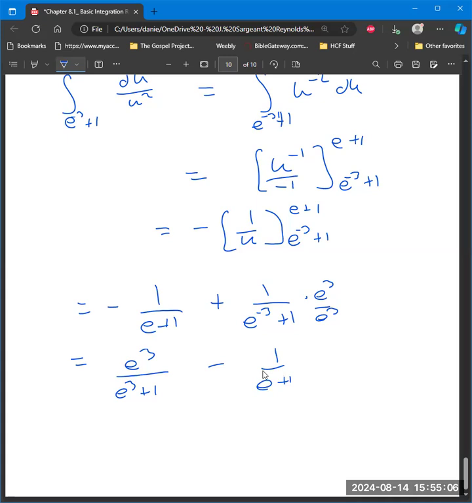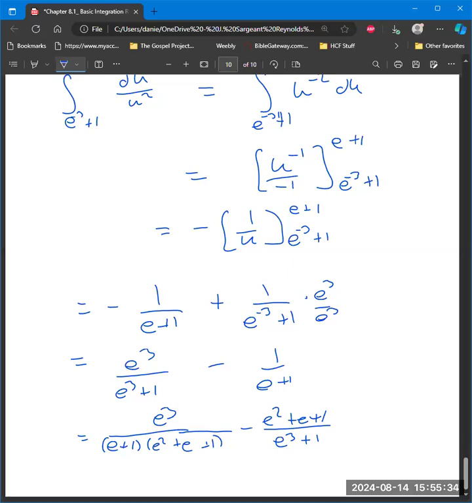This denominator over here factors into e plus 1 times e squared minus e plus 1. So I need to multiply top and bottom by that here to get e cubed plus 1 there as well.